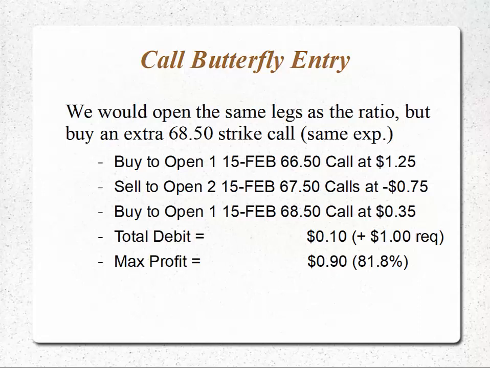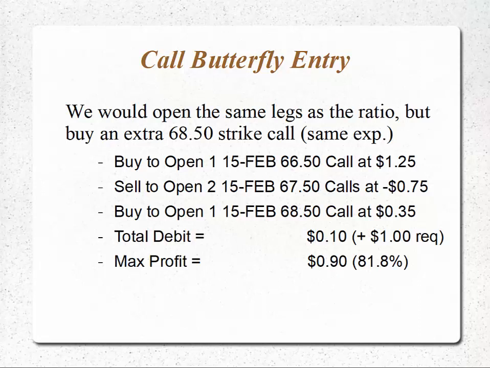So again, we buy a slightly in the money 66.50 call for $1.25. I sell two 67.50 calls, slightly out of the money, for 75 cents, so I get $1.50 in. Now I buy to open that 68.50 further out of the money call for only 35 cents.